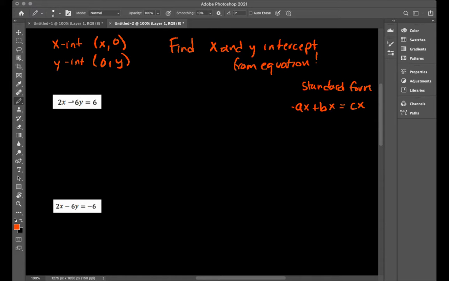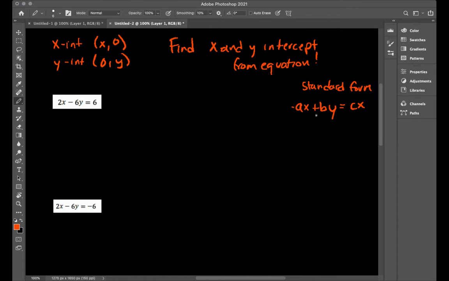Now, the equation that we're looking at is 2x minus 6y equals 6. Okay, so 2x minus 6y equals 6 is also in standard form. That means ax plus by, sorry, that should be a y, my fault, ax plus by equals c.